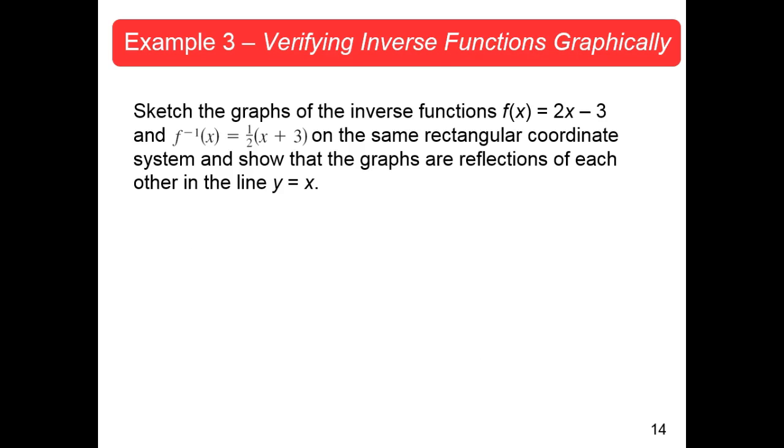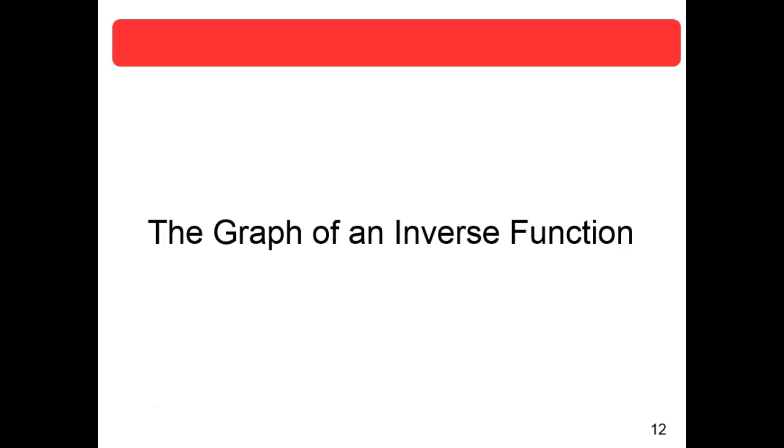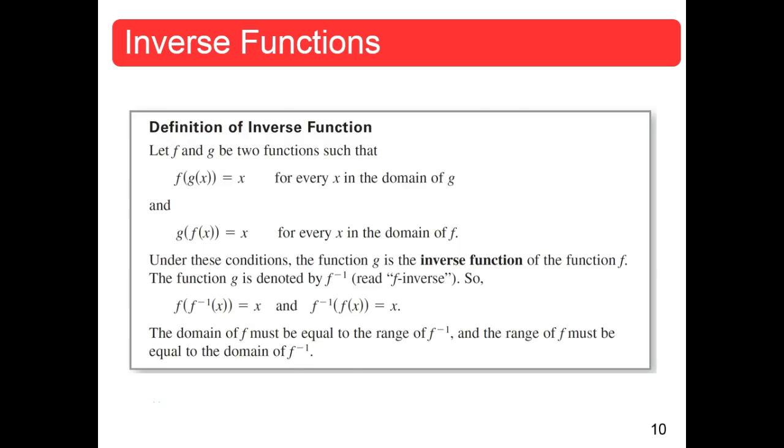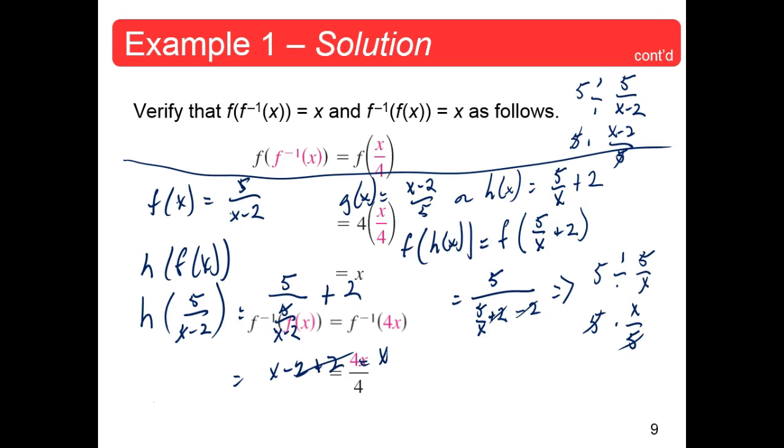Here's example 3, and they do this one. Sketch the graphs of the inverse functions f of x equals 2x minus 3 and f inverse of x equals 1/2 of x plus 3. If you don't mind, let me back up just a little bit to these two that we just did. Now, remember when they were real obvious things, adding or subtracting, multiplying and dividing?